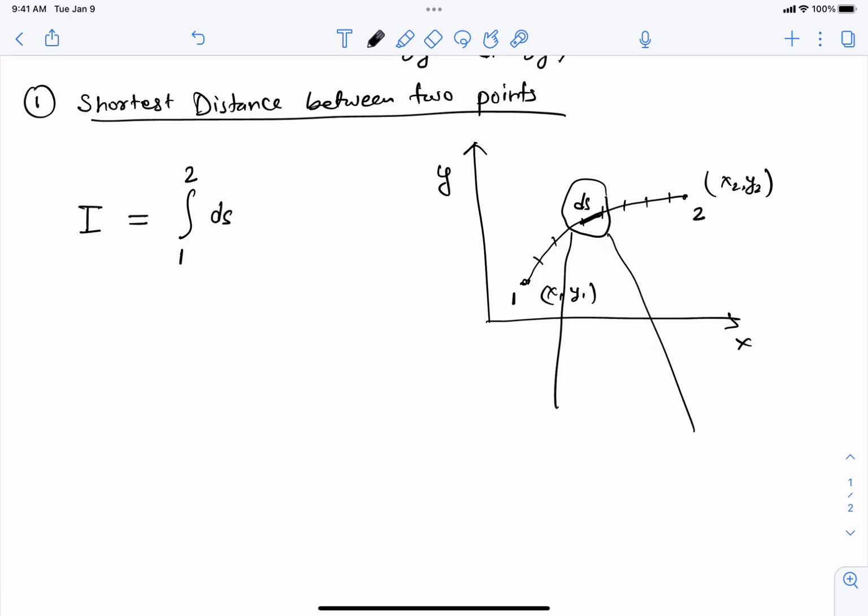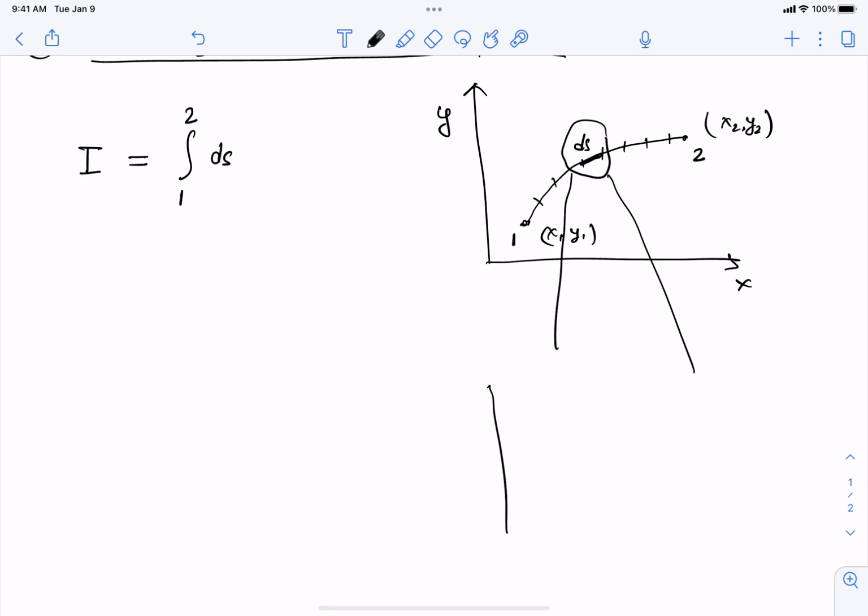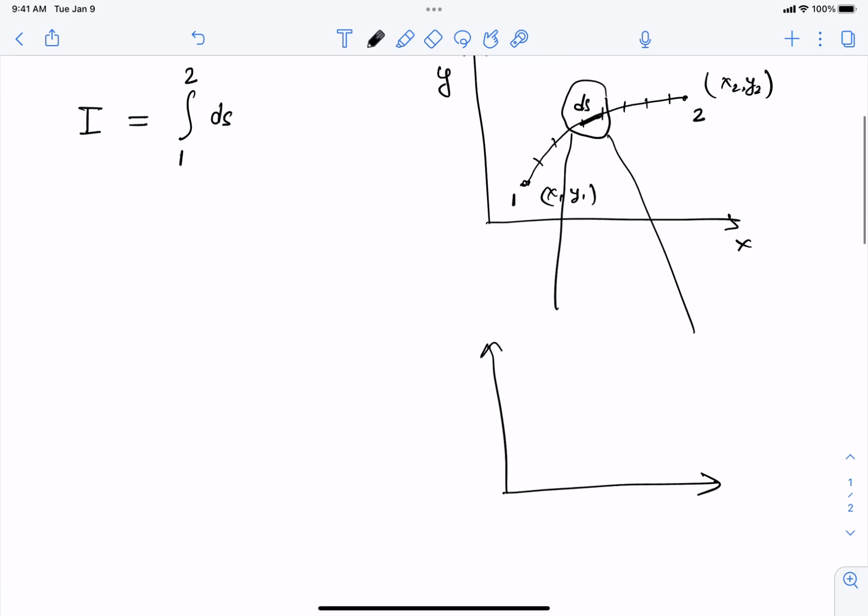Let's say we are still on some xy axis, but now instead of the whole curve, I am drawing a small part of the curve, which is this length ds. Now if we are taking an infinitesimally small part of the curve, then this length is almost like a straight line, right?